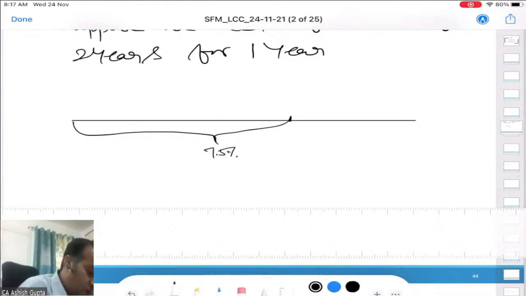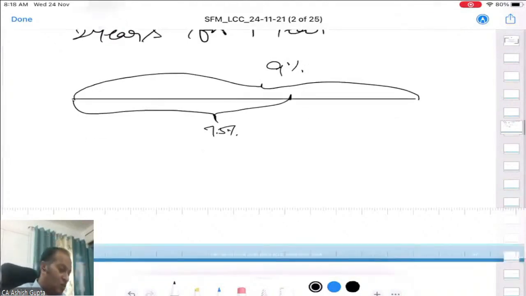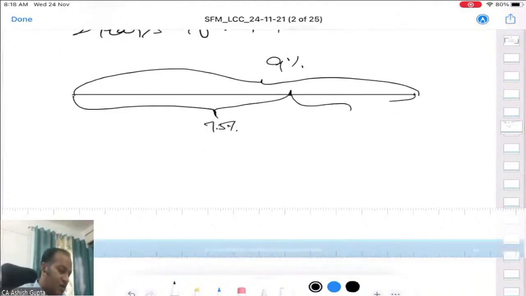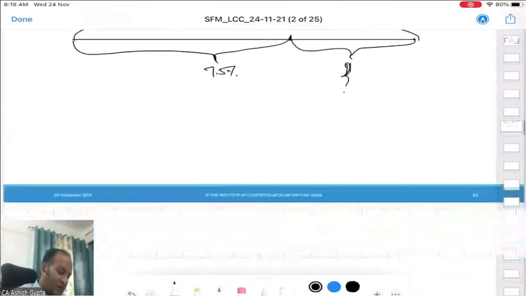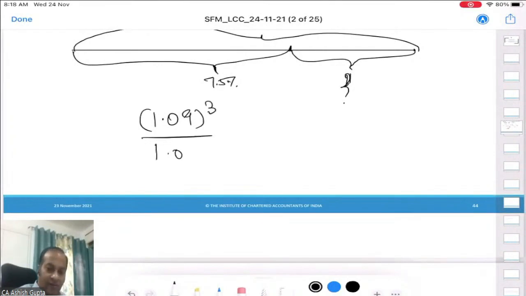Here I say that the rate of interest for this complete period is 9%. So what will be the rate after 2 years for the 1 year? We can compute in the same manner using the formula: 1.09 raised to power 3, that is n, upon 1.075 squared.